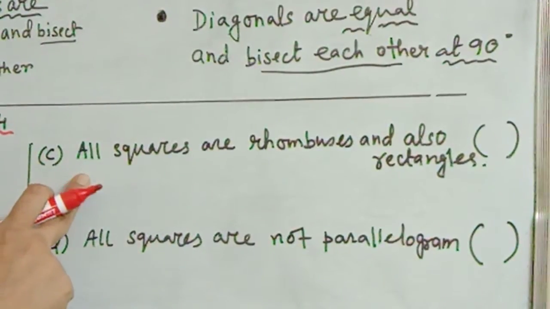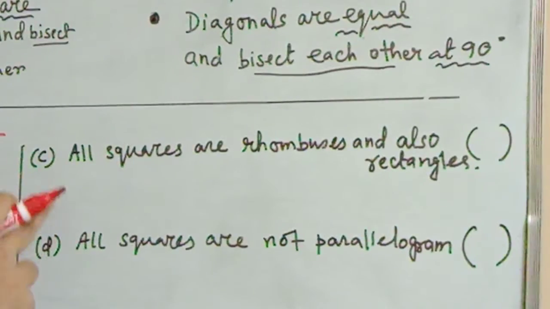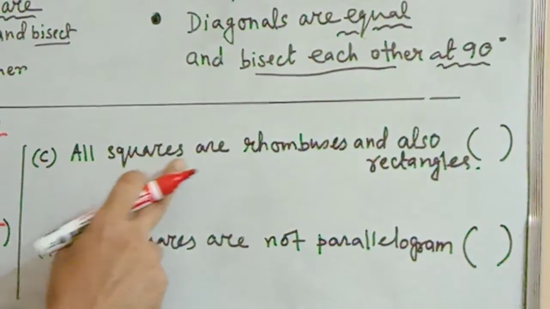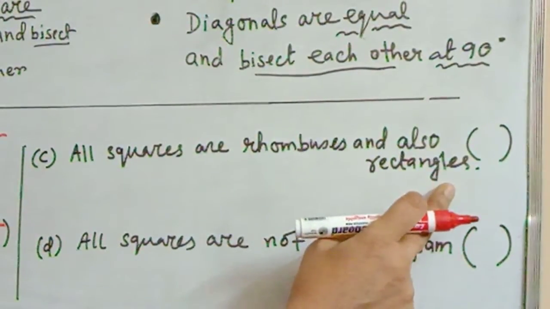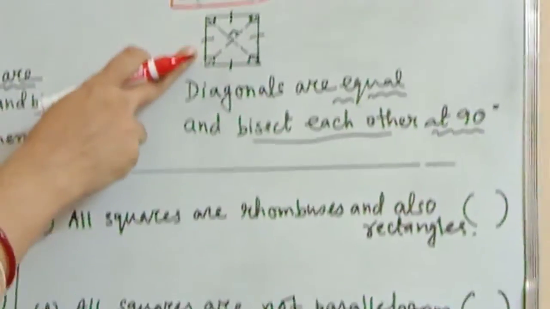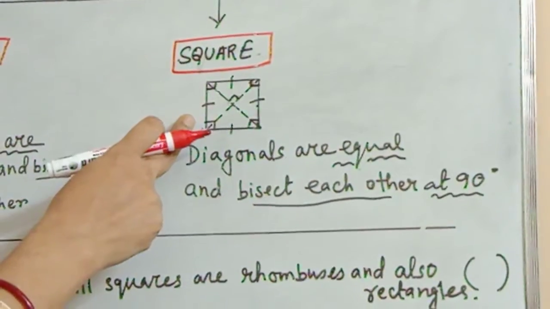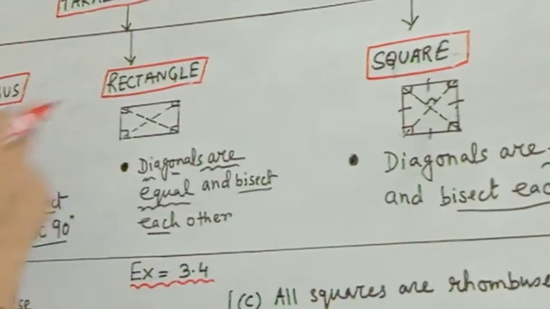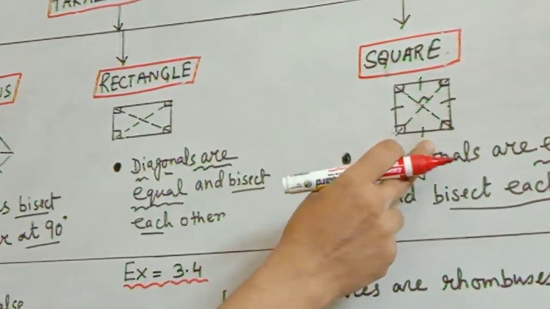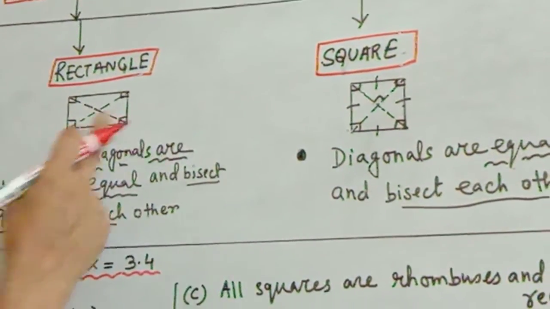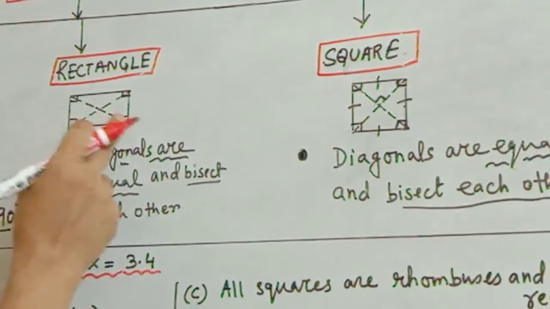Now the next question is C. All squares are rhombuses and also rectangles. Squares have all the qualities which a rhombus has. Rhombus has all four sides equal. Yes, square also has four sides equal. A rectangle has opposite sides equal and angles are 90 degrees.